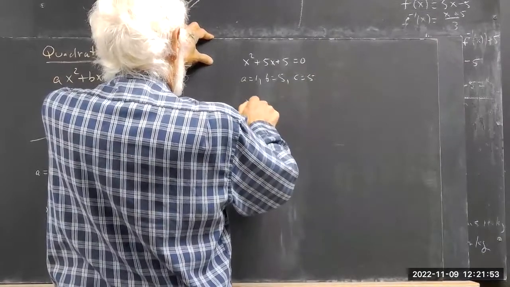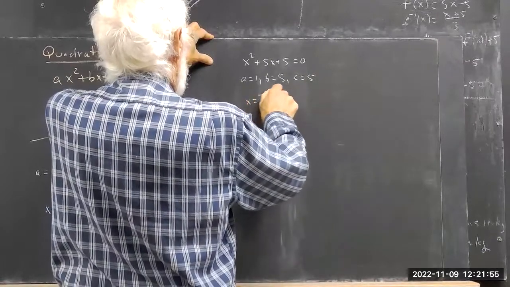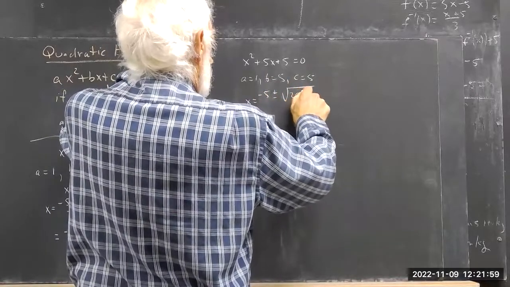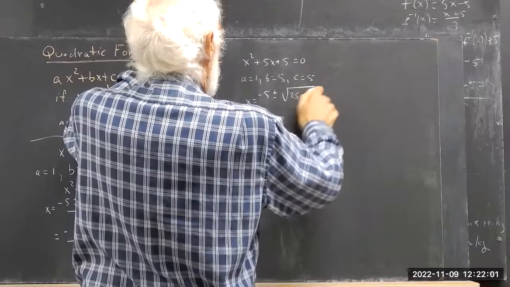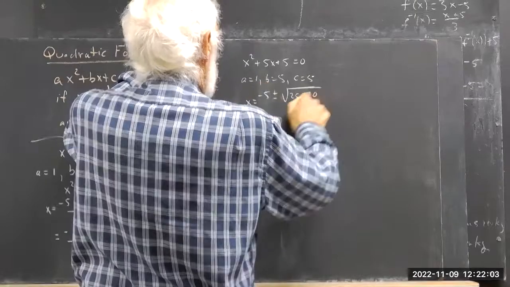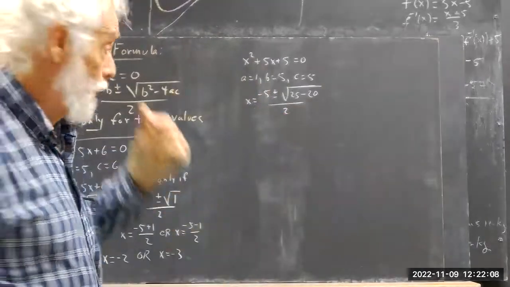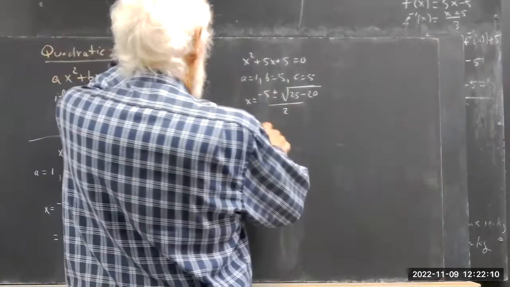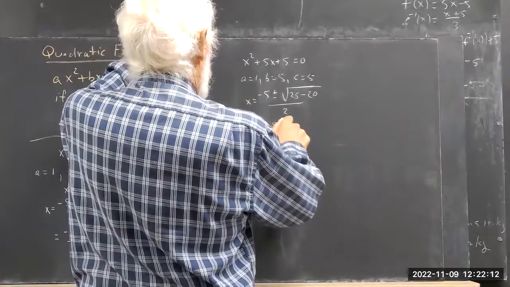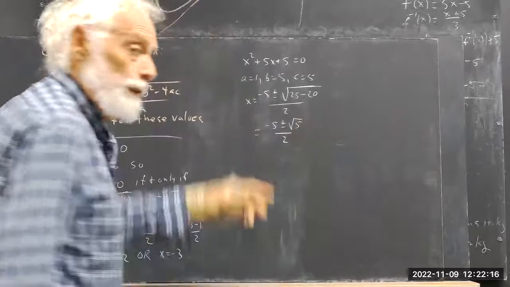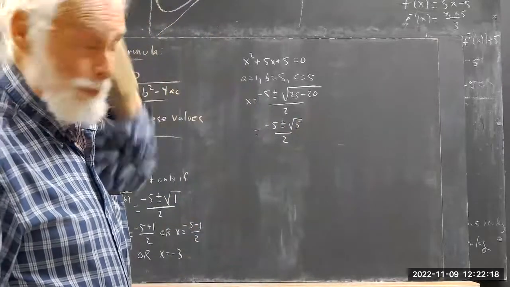You get x equals -5 plus or minus the square root of 25 minus, now your 4ac is going to be 20. I skipped a step there, but that's what you're going to get if you do the arithmetic, assuming I did it right. There it is. Those are your two answers.